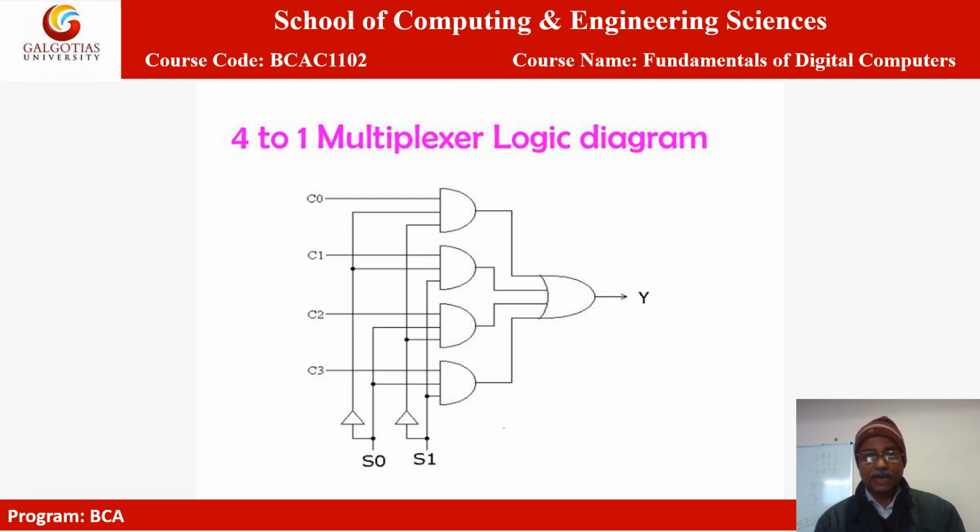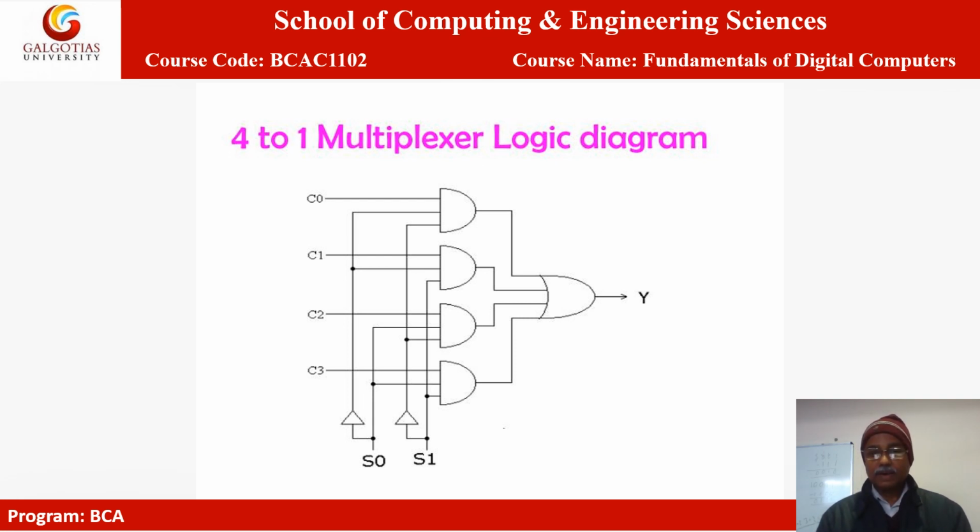Now the third one, you can see here that the information from S1 is coming here through an inverter circuit. So again this will make it 0. So the information from the third AND gate will also not pass. Now what about the fourth AND gate?